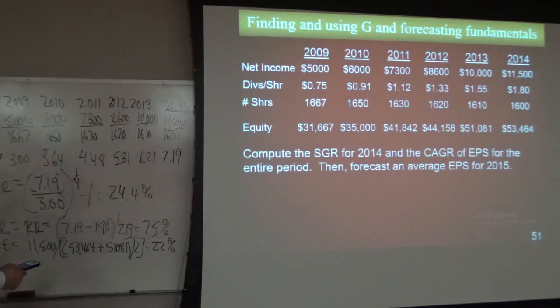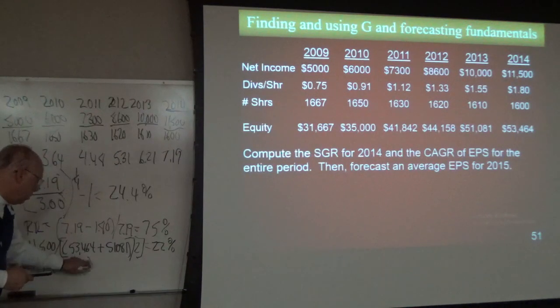All right, so now let's take our retention ratio, 0.75 times 0.22 divided by 1 minus 0.75 times 0.22.